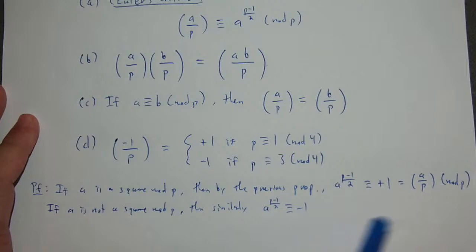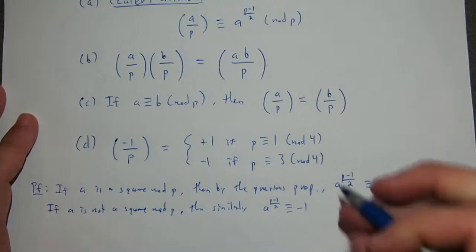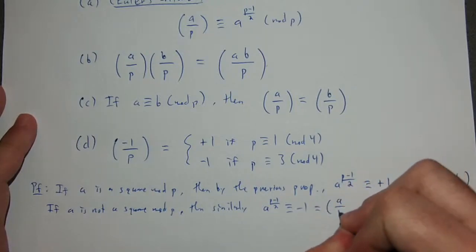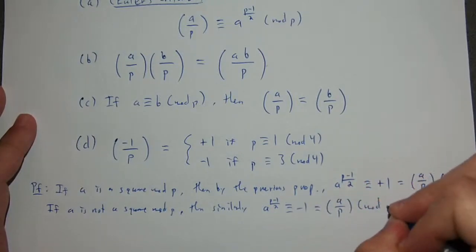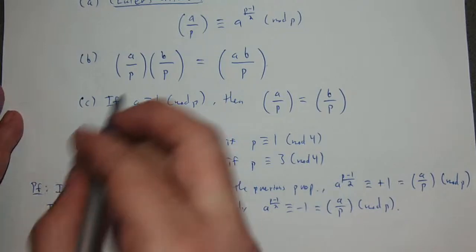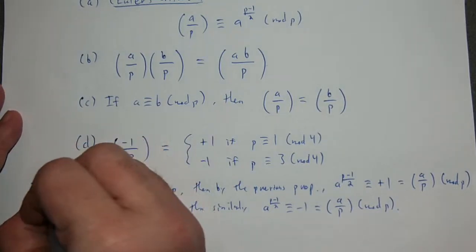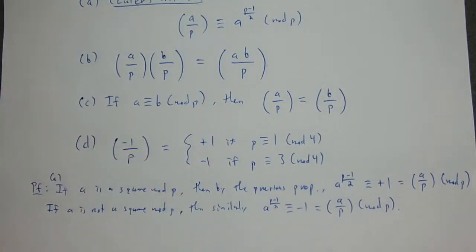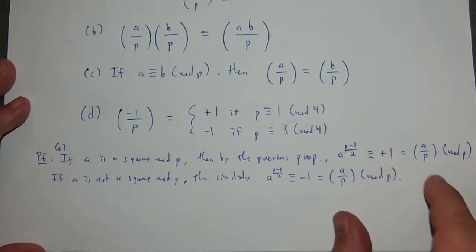But the way the Legendre symbol is defined, of course, is that if A is not a square mod P, then A on P is minus 1. So this is also A on P mod P. Right? So in either case, whether A is a square mod P or not, A to the P minus 1 over 2 is congruent to the Legendre symbol A on P mod P. Okay. So A has been proven here. Maybe I'll annotate that. I've proven A here. So that's Euler's criterion.